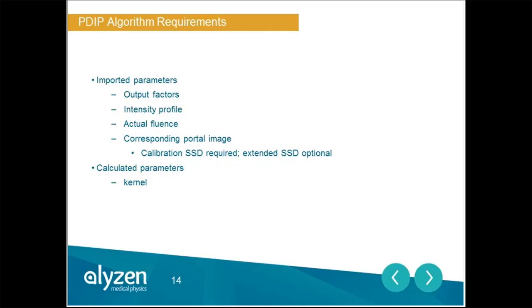And then we have to give it the actual fluence. So we have to give it a fluence that corresponds to an image that has been acquired. This fluence comes from the calculation database, and we'll talk about how that gets imported. And then once we're done, it's going to calculate a kernel, and that kernel is used for convolution.